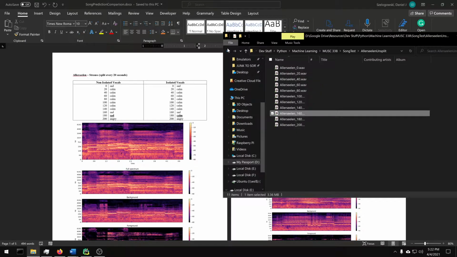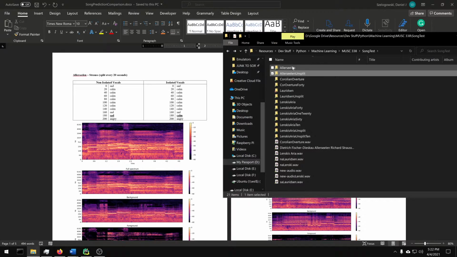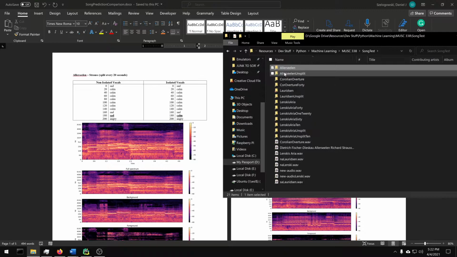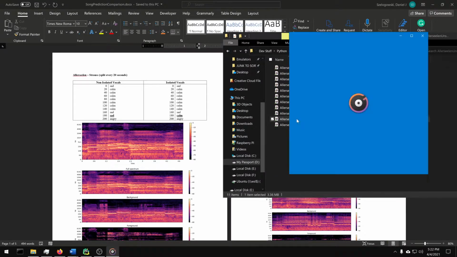So at that point, it detected that it was probably sad. What's a little bit different is when the vocals are isolated, the neural network reacts differently to silence more than anything. Like at 180 on here compared to 180 on here, they're both silence except there's some residual piano chord sound in 180 right here.